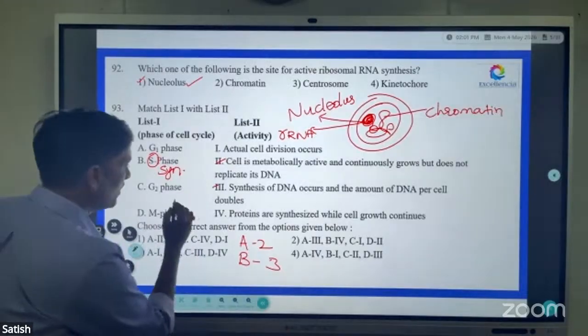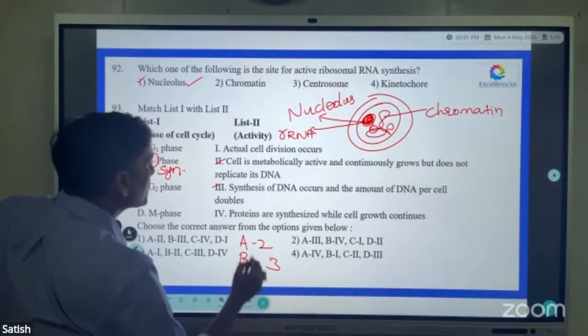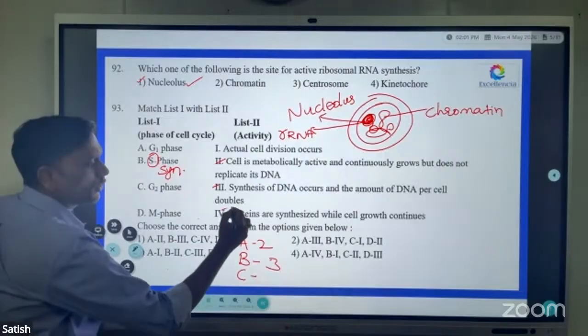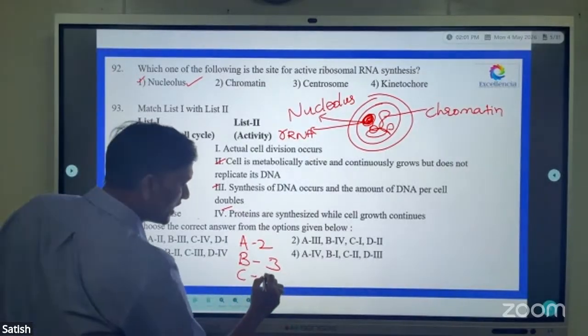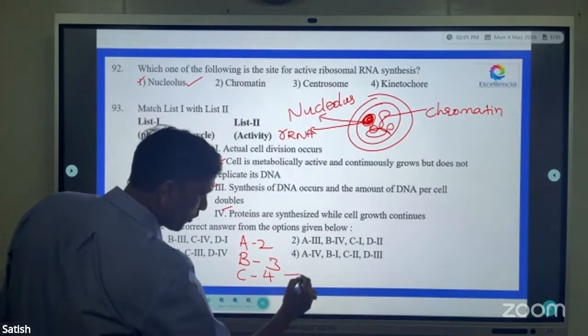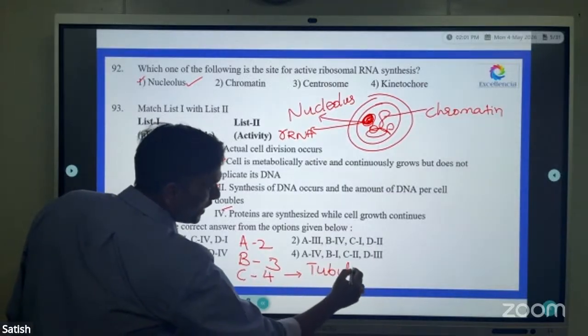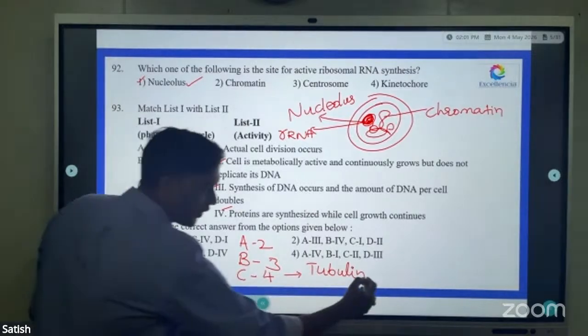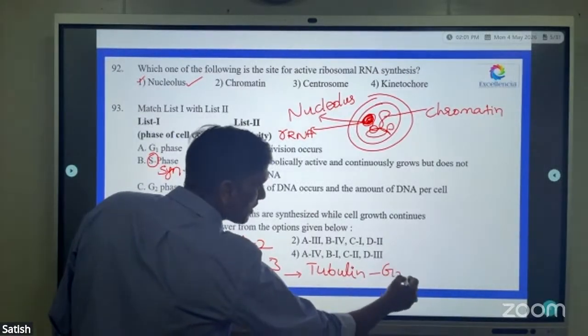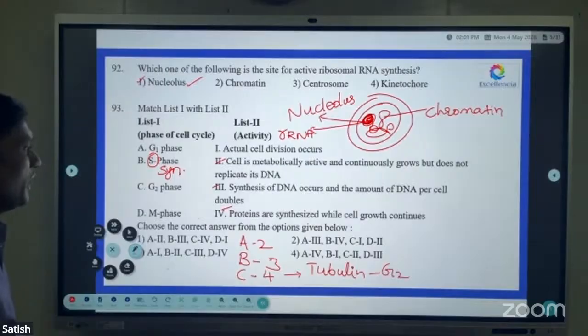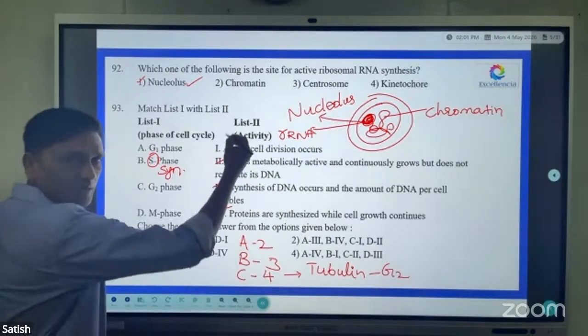Then G2 phase. During G2 phase, some special proteins are mainly synthesized, that is C4. For example, you can take tubulin proteins. The proteins mainly synthesized during G2 phase are tubulin proteins. Next one, M phase. In M, actual cell division occurs.